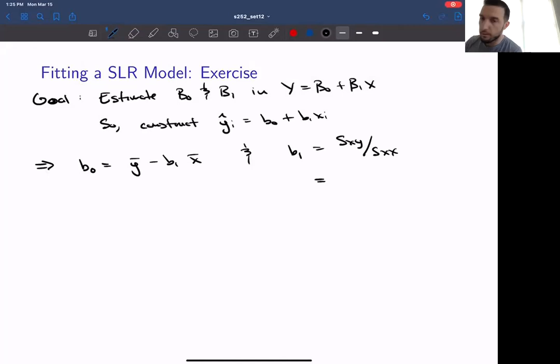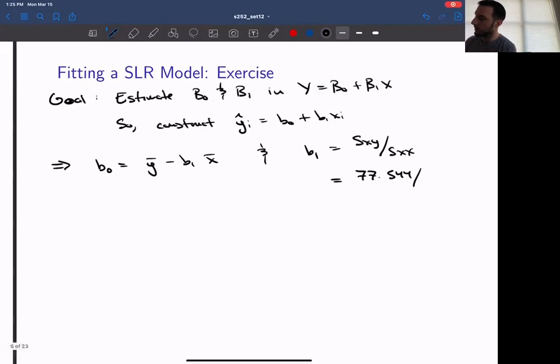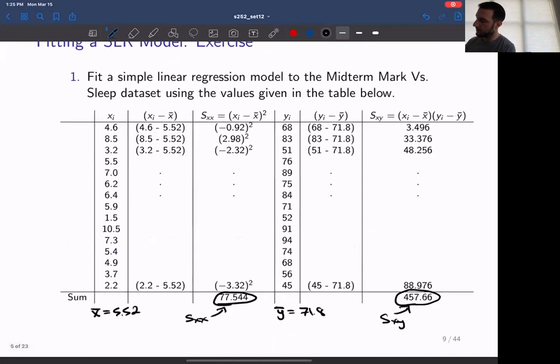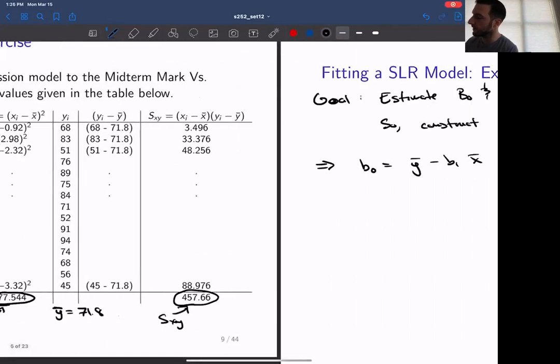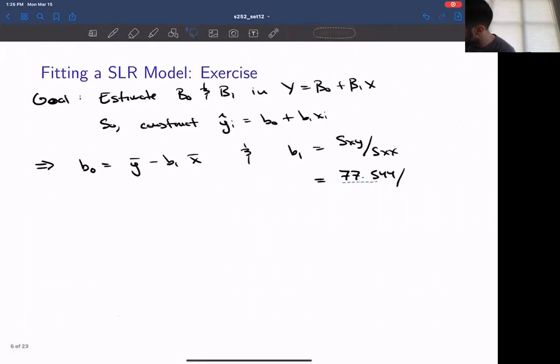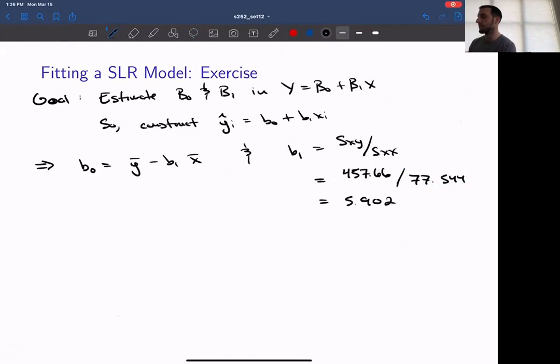For B1, we obviously have to do this first because we need it to get B0. So this is going to be 457.66 divided by 77.544, and that's something in the area of 5.902.